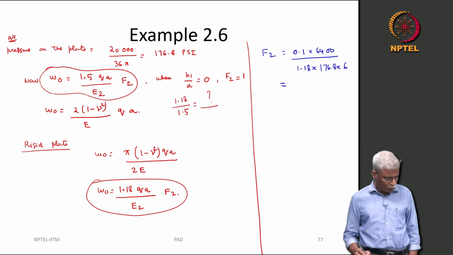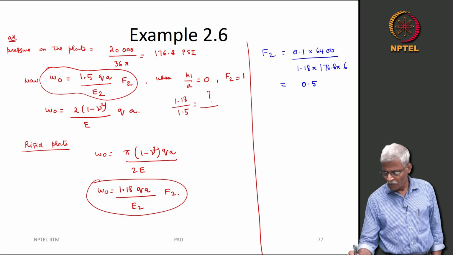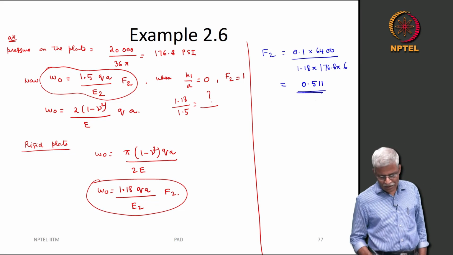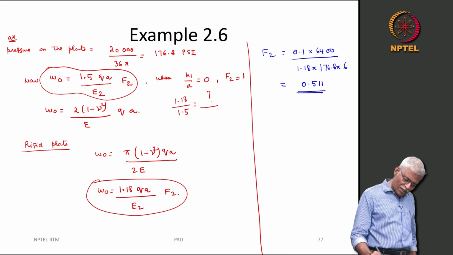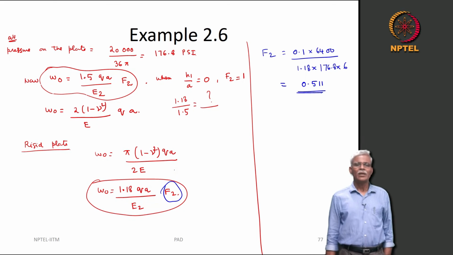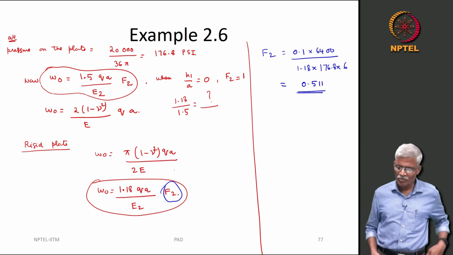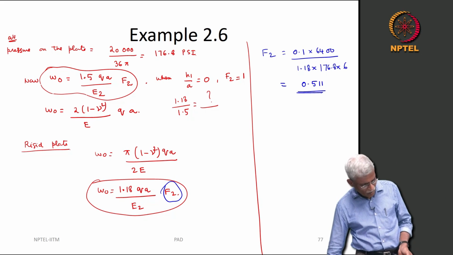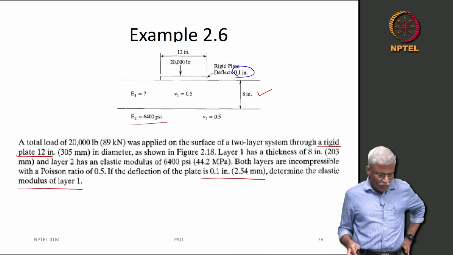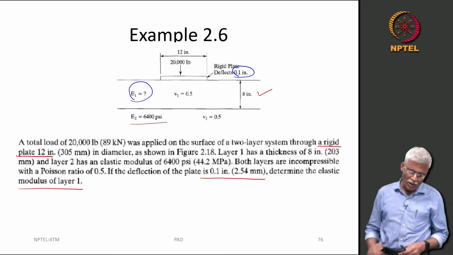So, this is the deflection factor that you are going to get. Now, this deflection factor is the same whether you are using rigid plate or a flexible plate. Now that you have found out the deflection factor, what you now need to do, in fact, what does it say? It only tells you how to find out E1.